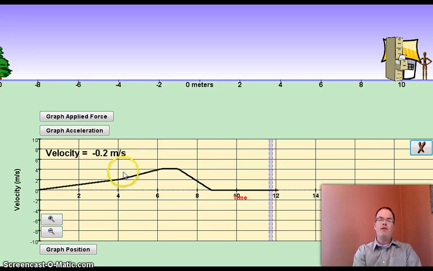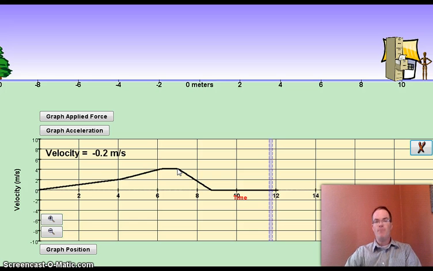Did you notice what happened here? There's a slight discontinuity, or in other words, a change in the slope. It goes from a shallow slope to a more steep slope at this point for a brief time. Did you notice that the force increased? And then, of course, here, no force was being applied.